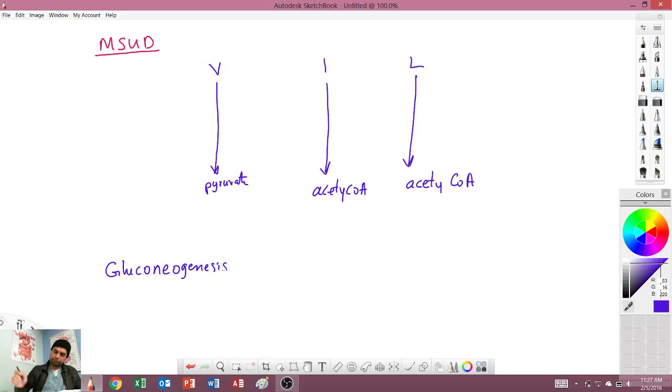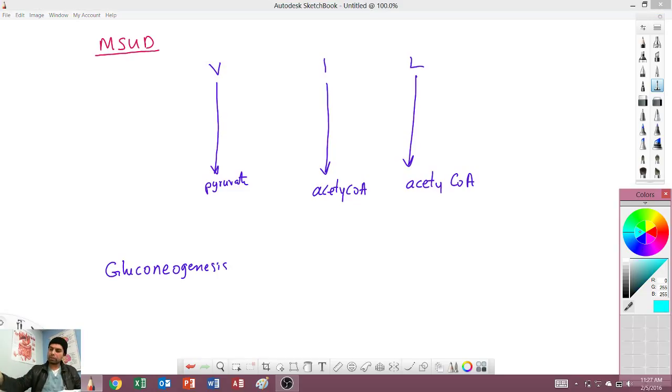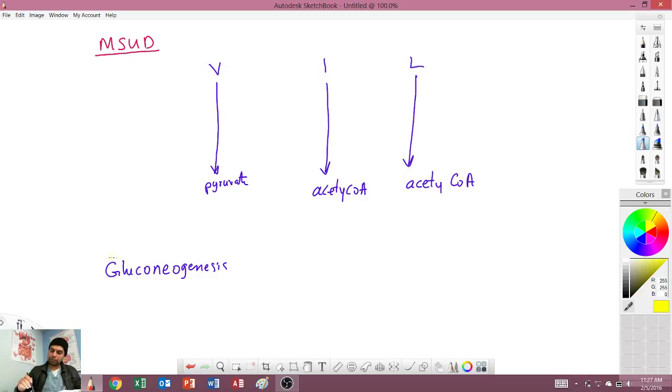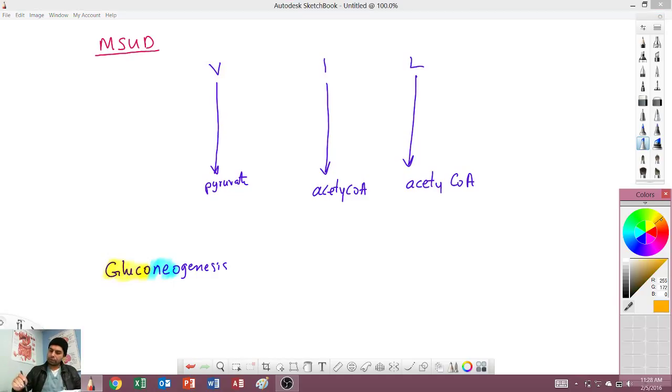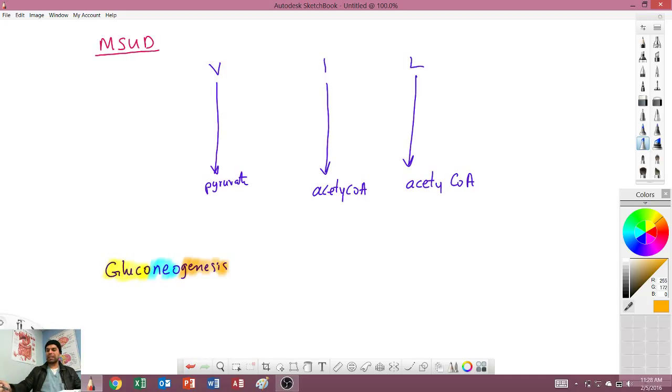This guy named Neo had a lot of glucose because he was fighting left and right in that Matrix movie. Gluco means glucose, neo means new, genesis means formation, production. So it simply means making new glucose from scratch.